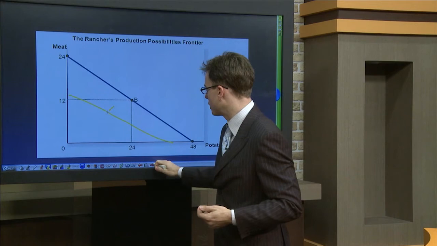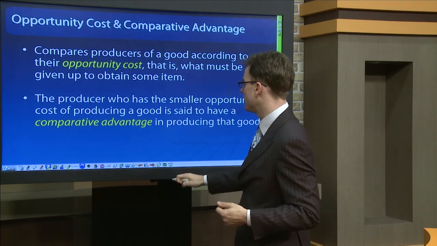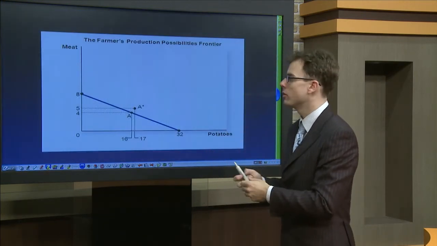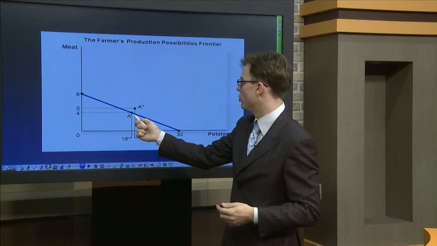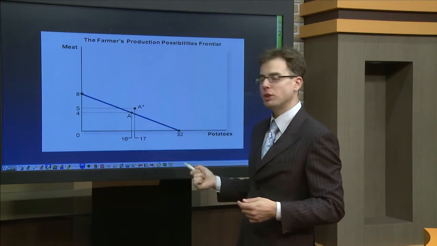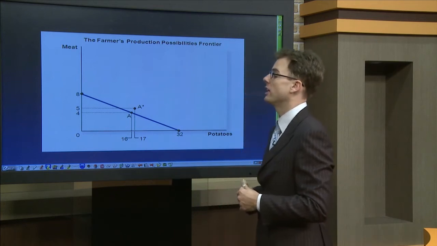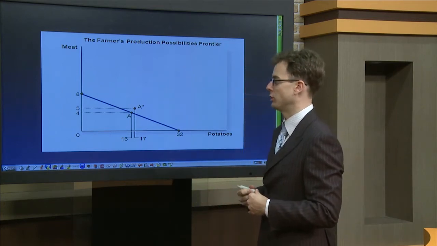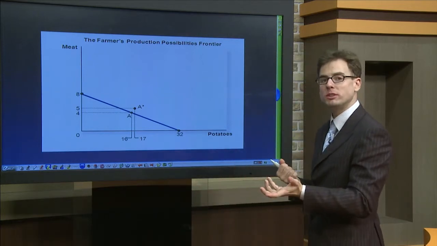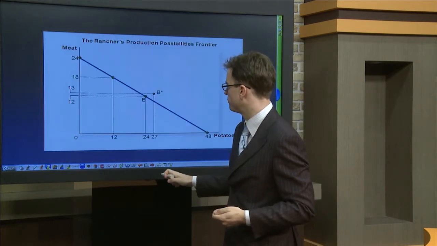So the joint production of the two individuals could increase if they coordinated, if the farmer agreed to produce more potatoes and less meat than in his consumption choice, and if the rancher produced more meat and less potatoes than in his consumption choice. The extra amount of potatoes and meat produced would be traded between the two individuals.